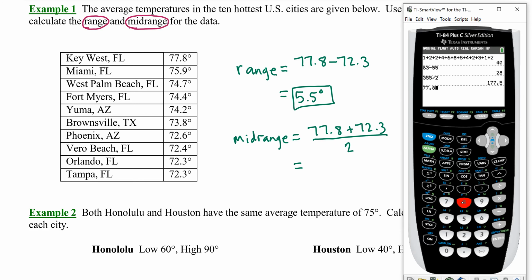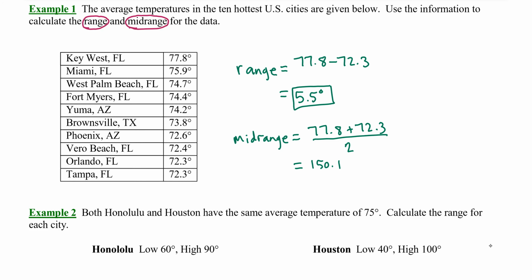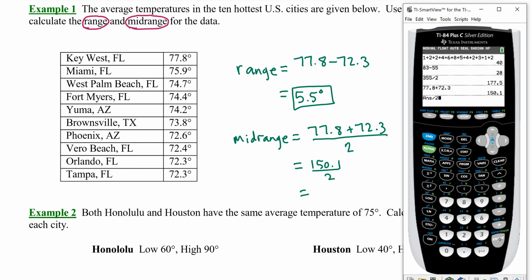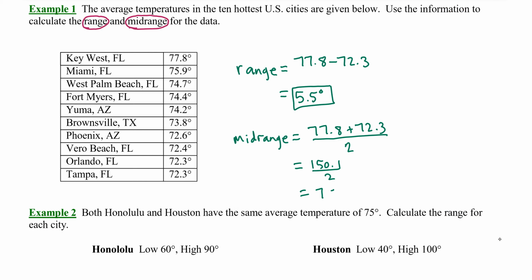So I'm going to add 77.8 and 72.3. That gives me 150.1, and then we'll divide that by 2 to have our mid-range. So we end up with 75.05 degrees.